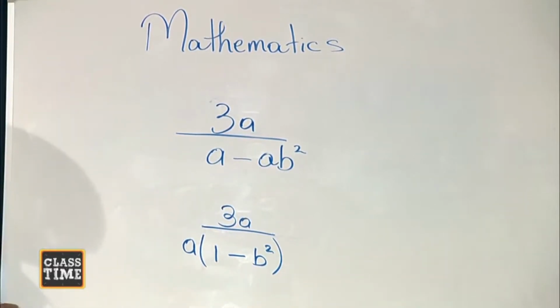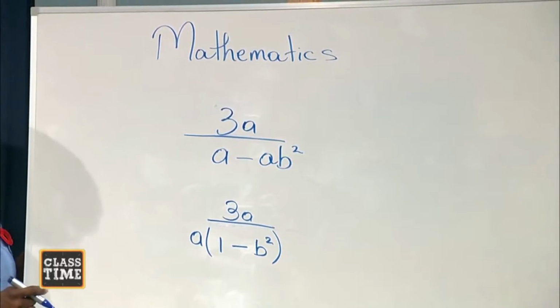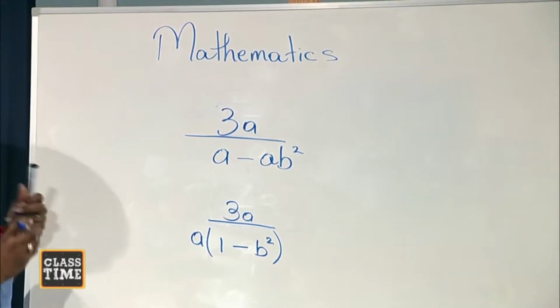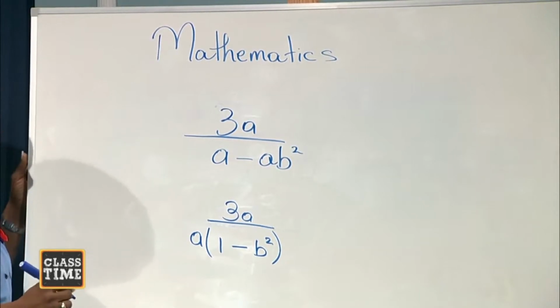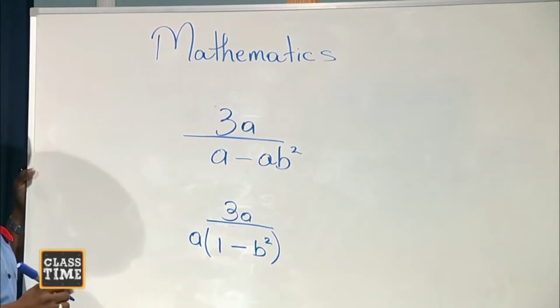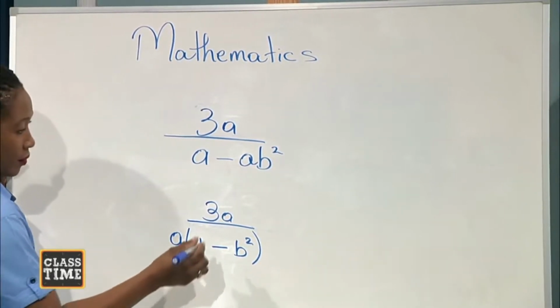Let's see if we can simplify this a little bit further. Let's look at our numerator and our denominator, still linking it to fractions because remember we're doing algebraic fractions. We realize that we do have a common factor, which is a. So we can simplify this algebraic fraction. Go ahead, Tamika.